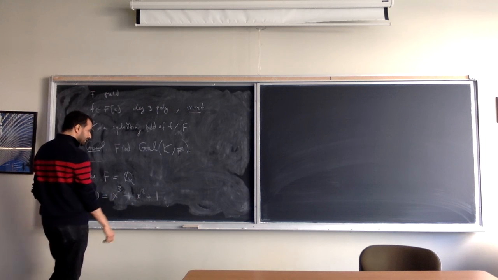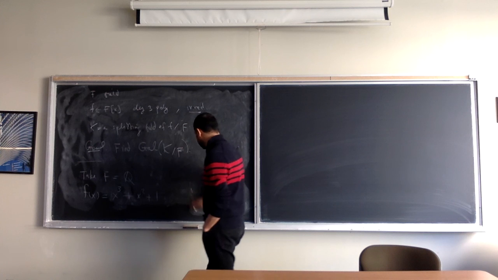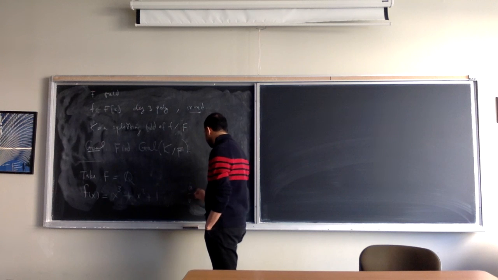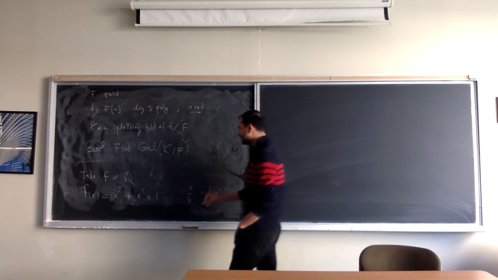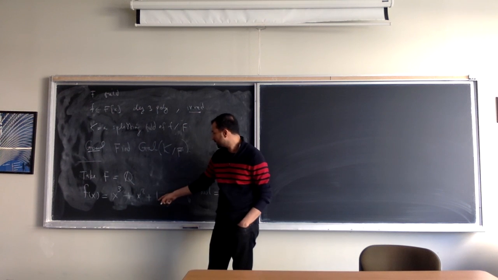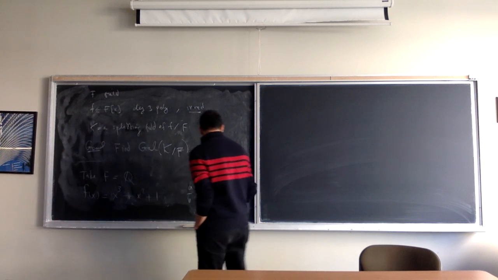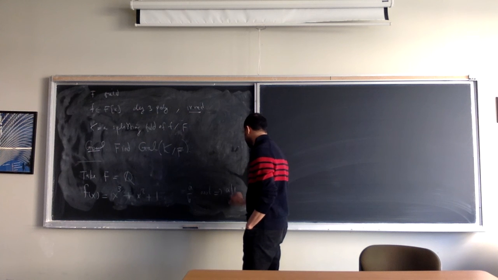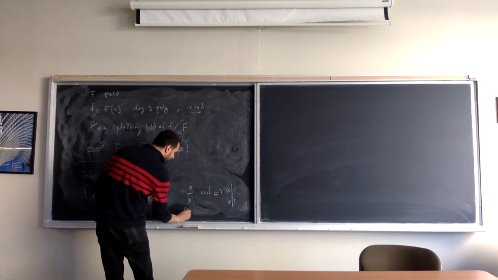If a root is of the form A over B, with A and B integers, relatively prime, that would imply that A divides the constant term and B divides the coefficient of x cubed. A divides 1, assuming A and B relatively prime.